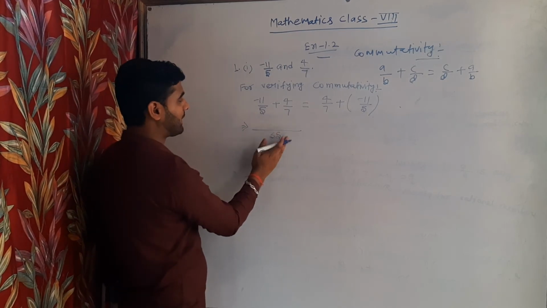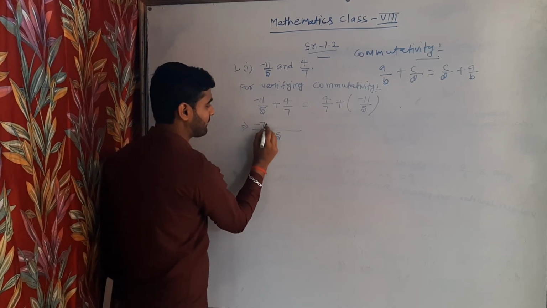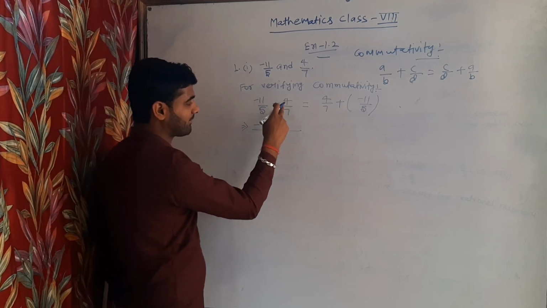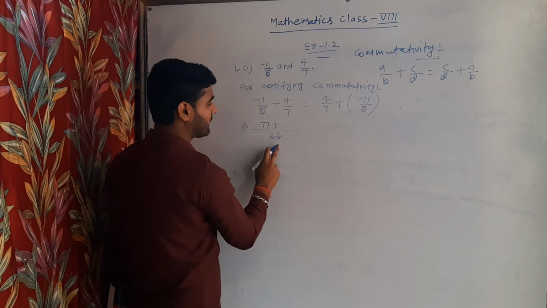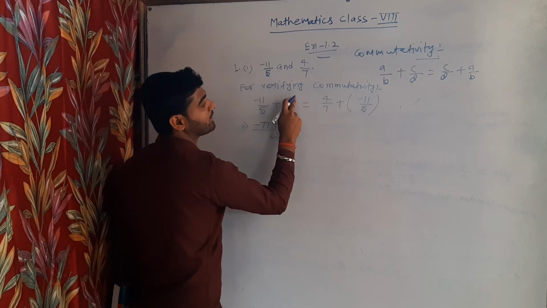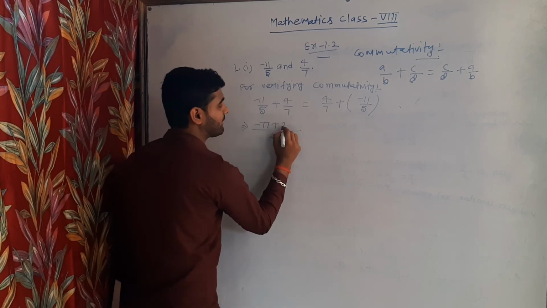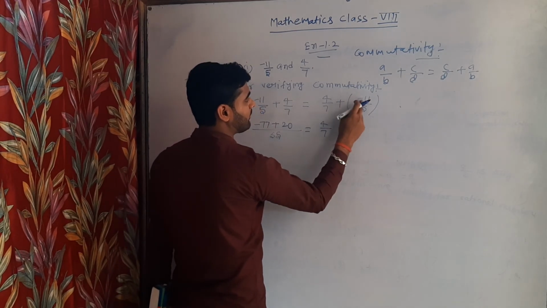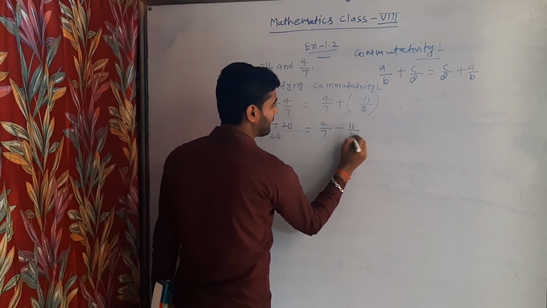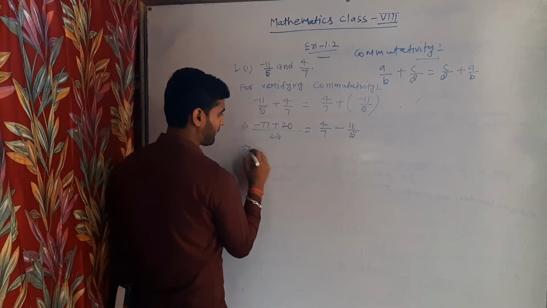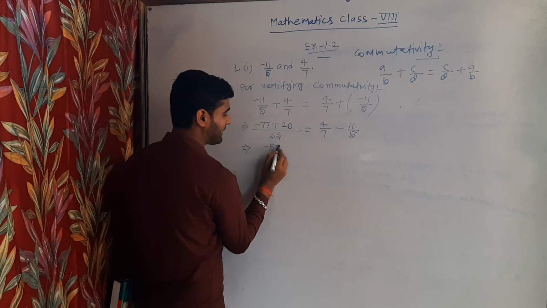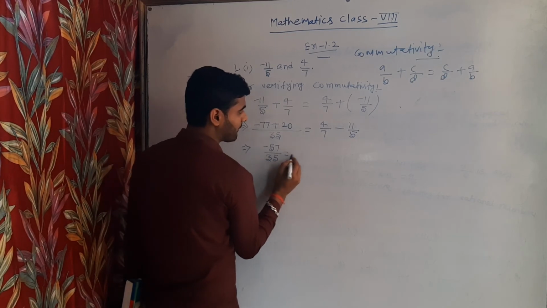The result is 7, and 7 is multiplied by minus 11, so the result is minus 77. Plus, when we divide 35 by 7, the result is 5, and when we multiply 5 and 4, the result is 20. Minus 77 plus 20, minus 57 by 35.